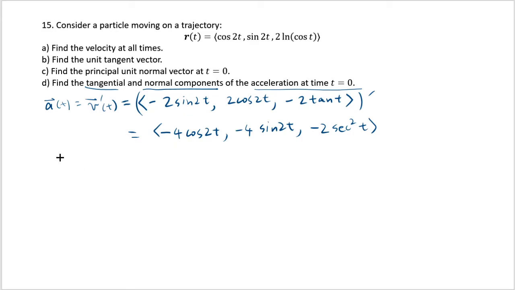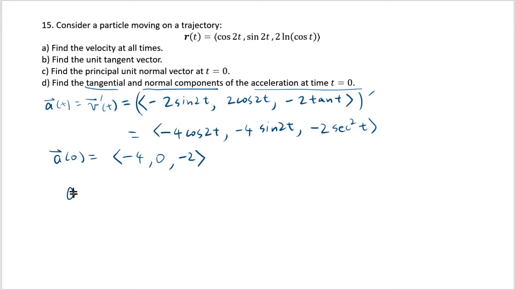So that's what you have. Therefore, acceleration at 0 would be, plugging in 0, negative 4 times 1. Cosine 0 is 1. Sine 0 is 0. And secant is 1 over cosine, so secant 0 is also 1 because it's 1 over 1, which gives you this. So that's your vector.